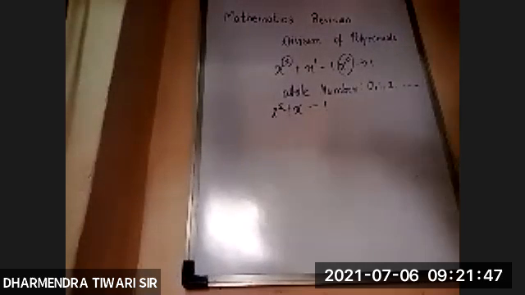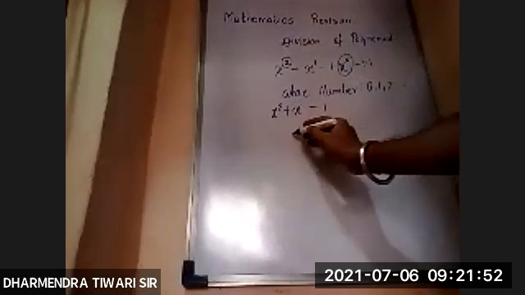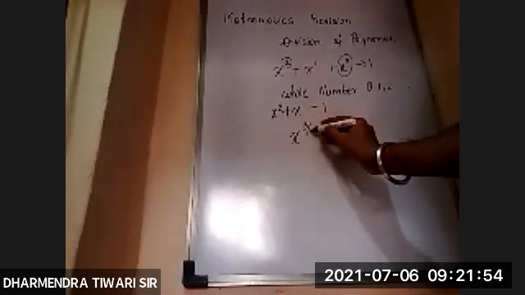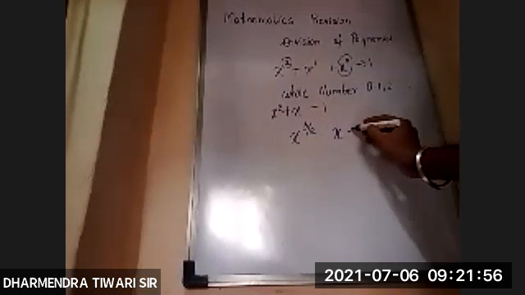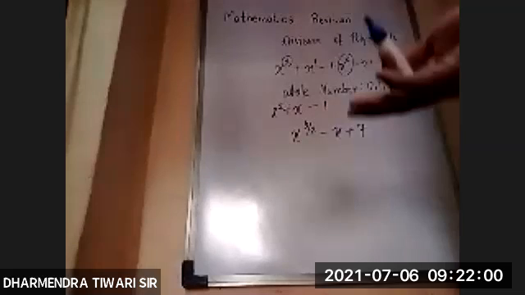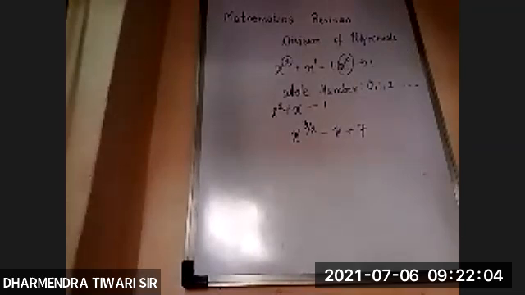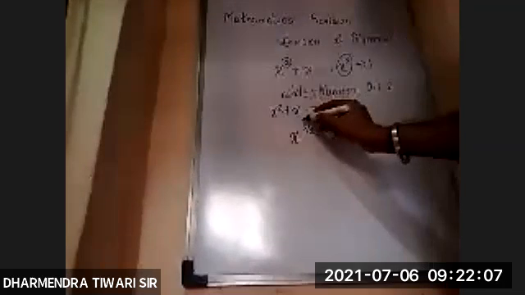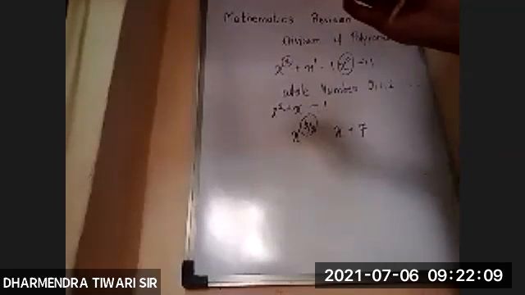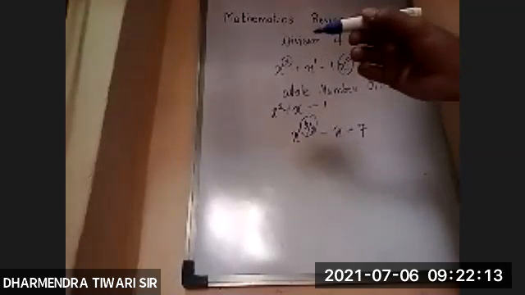If instead we have, say, x raised to 3 by 2 minus x plus 7, my question is whether the given expression is a polynomial. The answer should be no. Why? Because the index of x is 3 by 2, which is not a whole number, so it is not a polynomial.